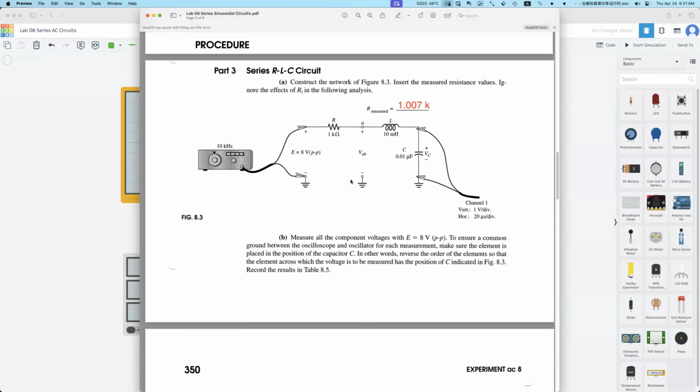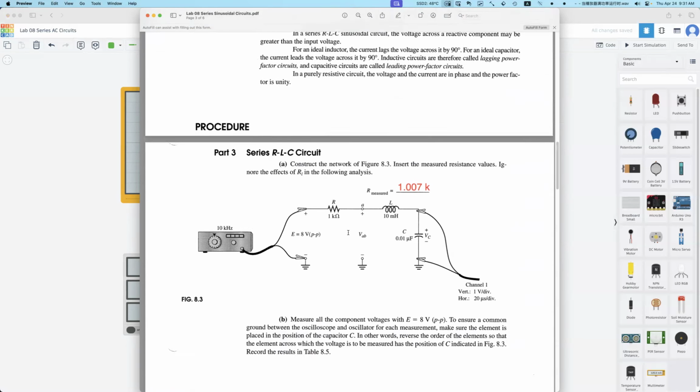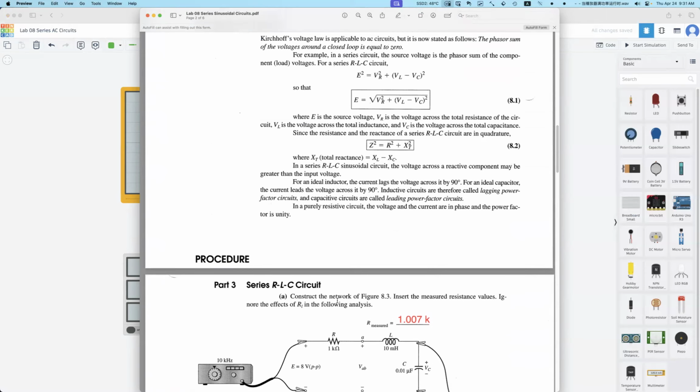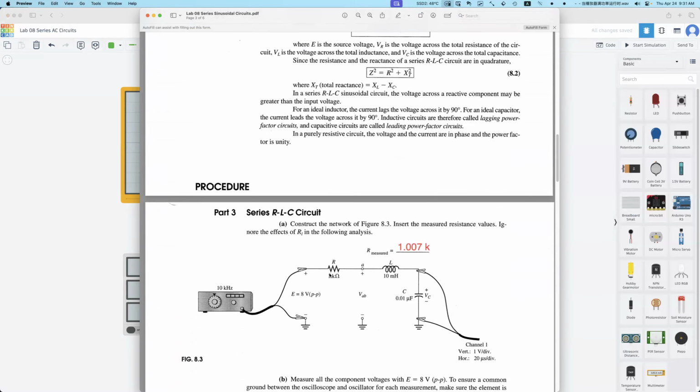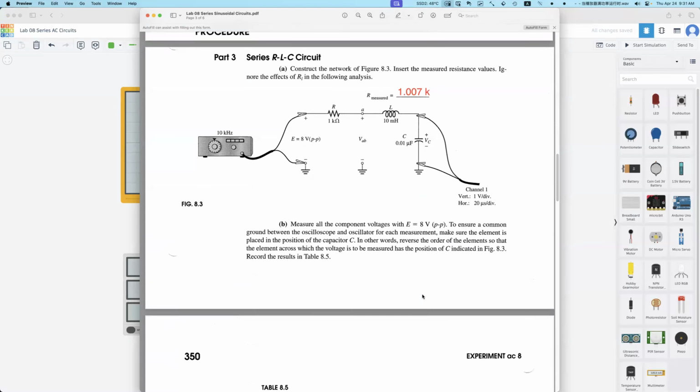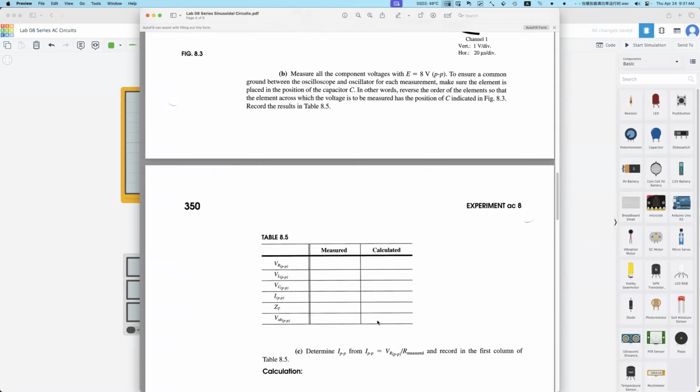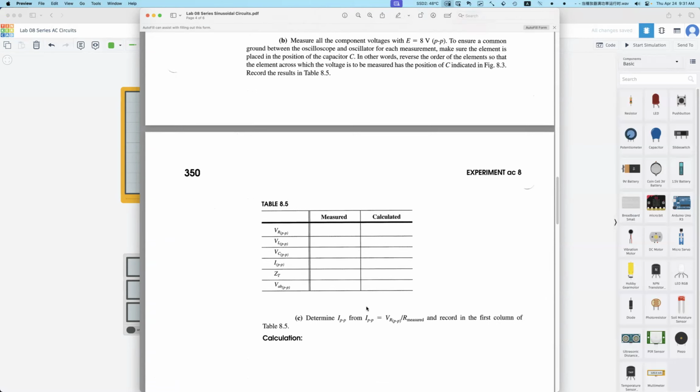Okay, so like I said before, you need to get the ZT first, then get the I, next use Ohm's law, I times R, so that's the VR, I times XL, so that's the VL, I times XC, so that's the VC. Then compare these two sets of numbers. Okay, they should be very close.